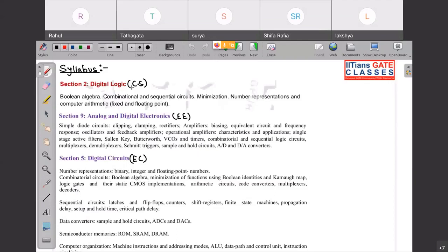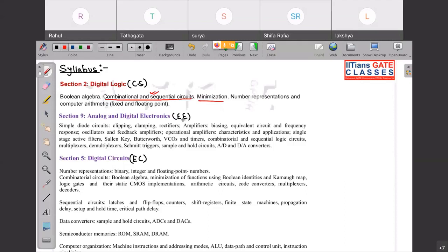If you ask what the important topics are, combinational and sequential circuits, minimization, K-map, number representation, and computer arithmetic, fixed and floating point. This is very simple. Only a little bit tricky part is the combinational and sequential circuits. Boolean algebra is very simple. We all know what Boolean algebra is.